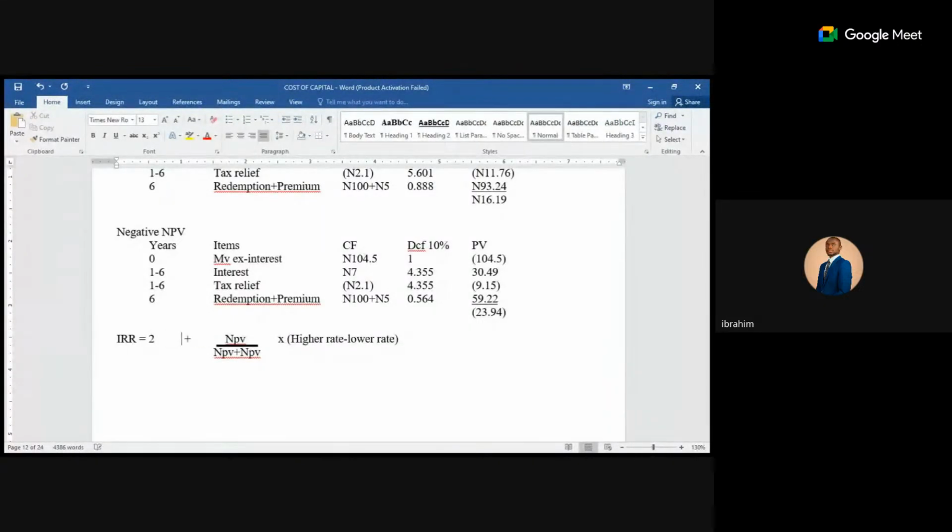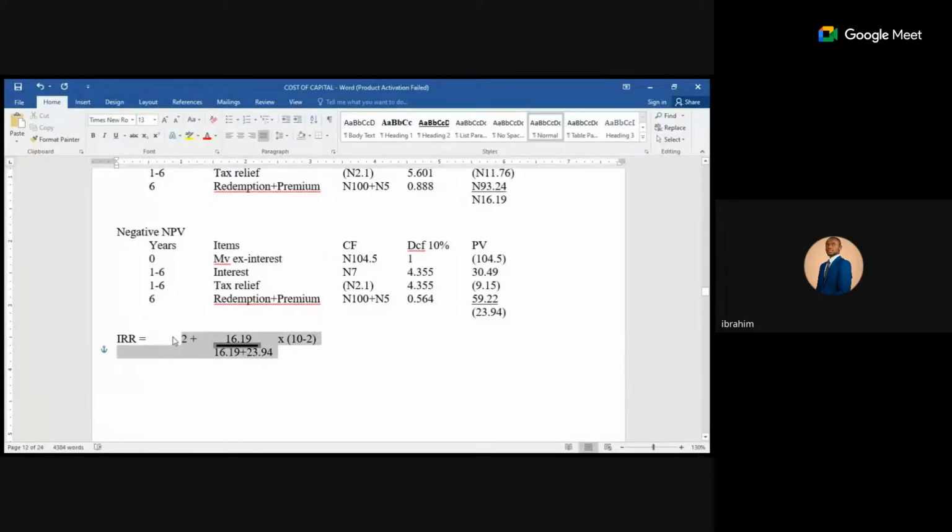Positive NPV 16.19. Negative NPV 23.94. Then the higher rate, 10 minus 2. So what do we have here?